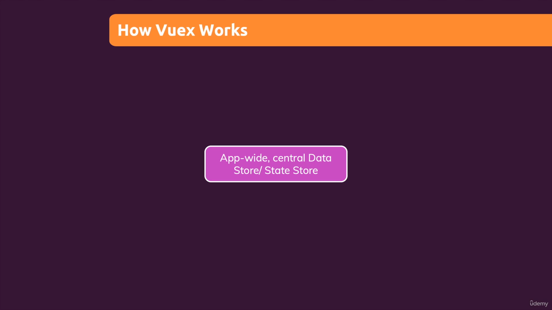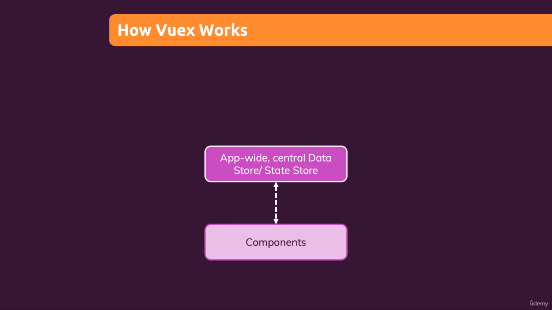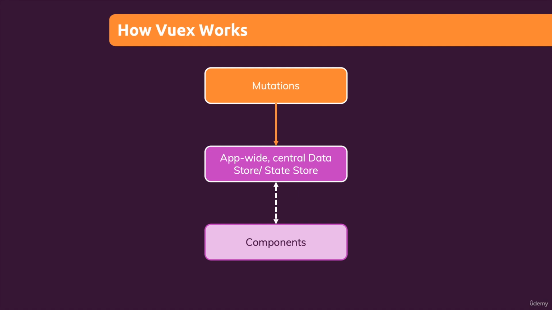We have this app-wide central data store, this state store, and we communicate with it from inside our components. Now I have a dashed arrow here because yes, we want to communicate, but not directly. What we're doing at the moment is not ideal. Instead, Vuex has a built-in concept called mutations.